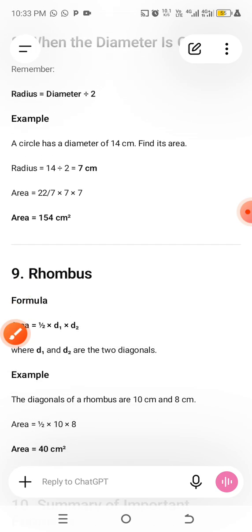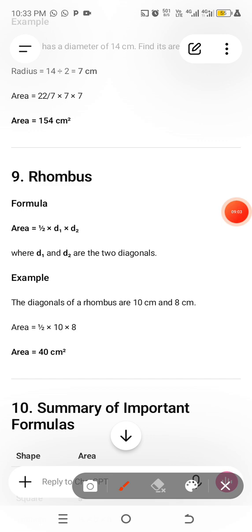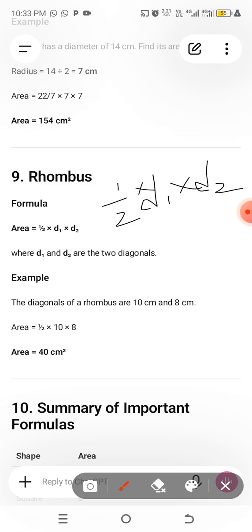Let's take a look at the rhombus. The formula for the rhombus is 1 over 2 times d1 times d2, where d1 and d2 are the two diagonals of the rhombus.